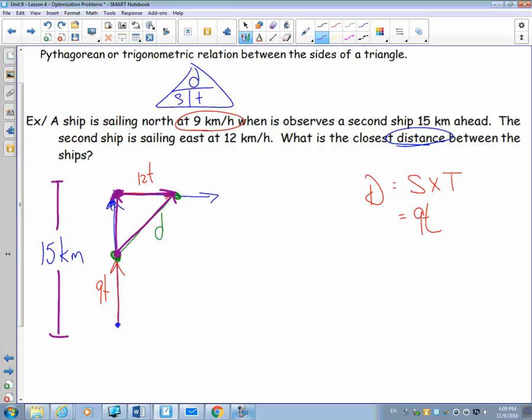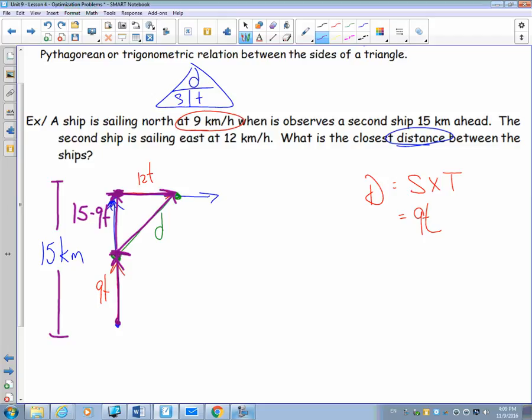It's not 9t. This is 9t. That's how fast it's going. The distance that's left between where it is here and the end is actually 15 minus 9t. The 15 kilometers we started at, and it's going to get smaller and smaller as the ship gets closer at a speed of 9 kilometers an hour.